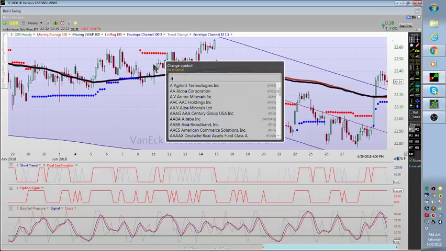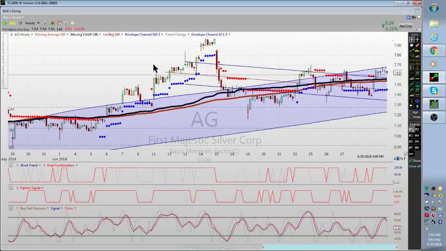And my favorite proxy for this is First Majestic, and First Majestic has just been doing very well. They had this run up here. This is what fooled me last month on GDX and DUST, and it brought it back, but they really couldn't sell it off, and now it's pushing up higher.